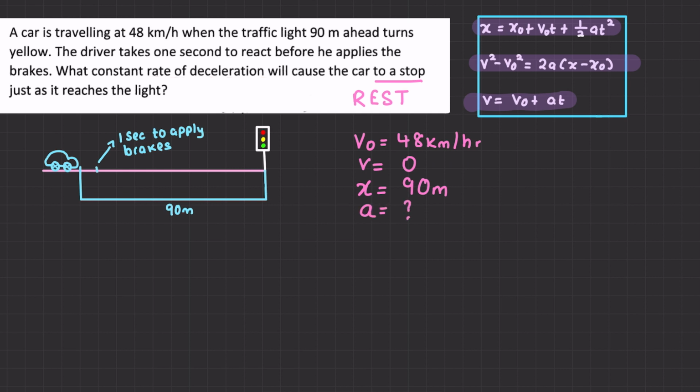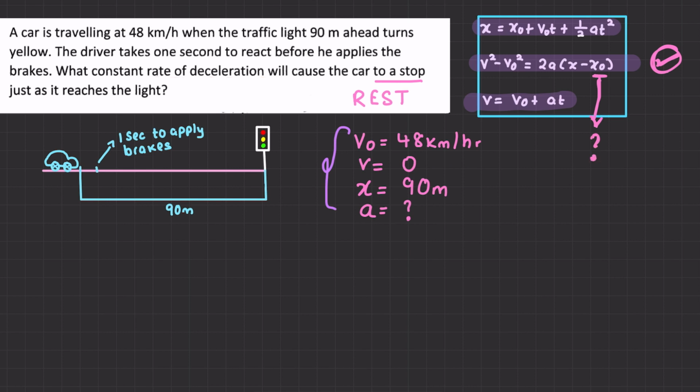Now, just from the variables we have here, what formula do you think we're going to use? What equation of motion do you think we're going to use? Because we have initial velocity, final velocity, distance, and acceleration, I think we're going to use this one. But if we're using this one, then we have one variable that is missing, which is our initial distance.